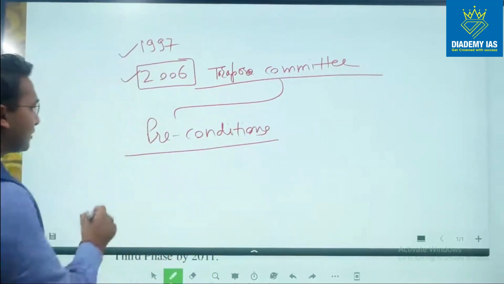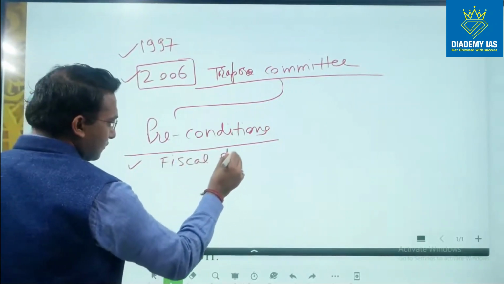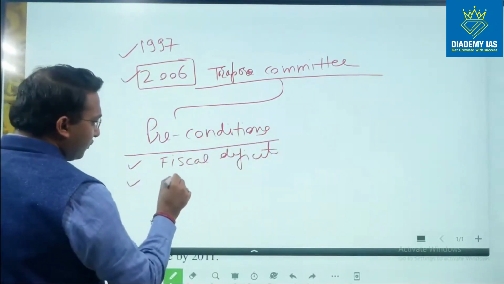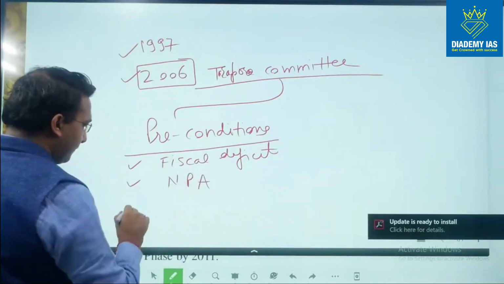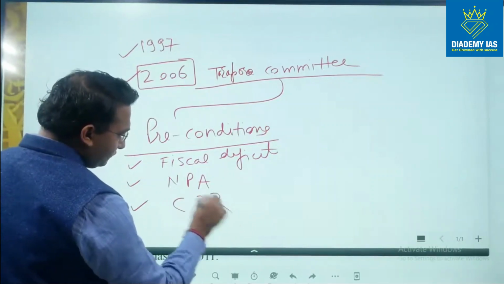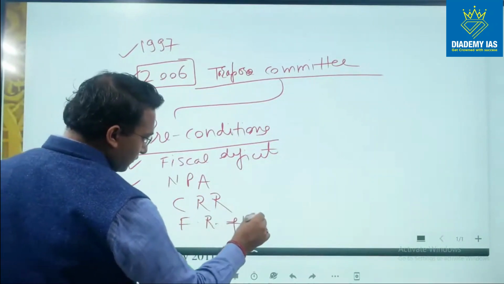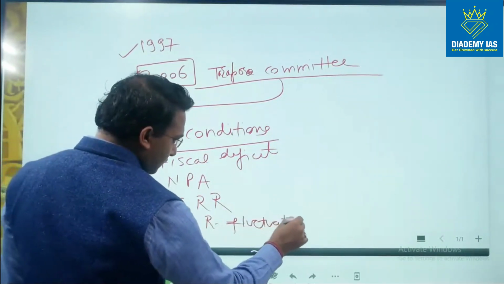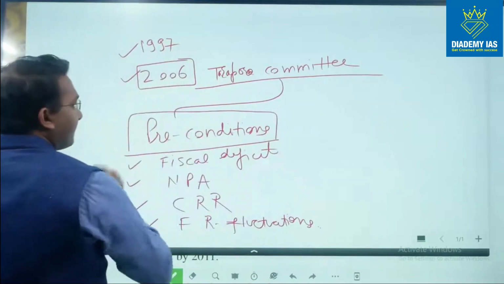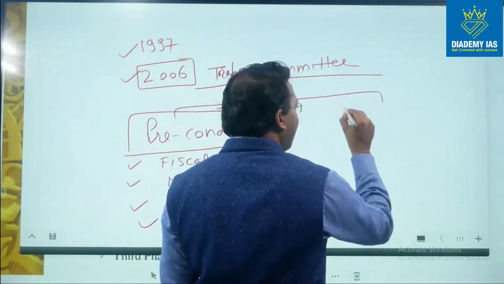These preconditions are regarding the level of fiscal deficit as a percentage of GDP, the level of non-performing assets in the banking system, the level of cash reserve ratio (CRR), the level of foreign exchange fluctuations, and so on. Apart from these preconditions, it also laid down certain recommendations.